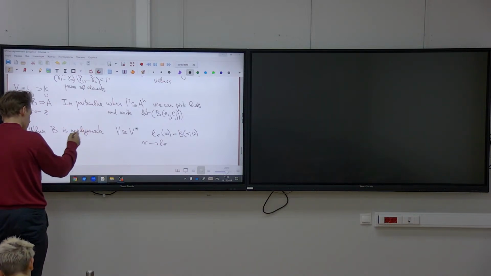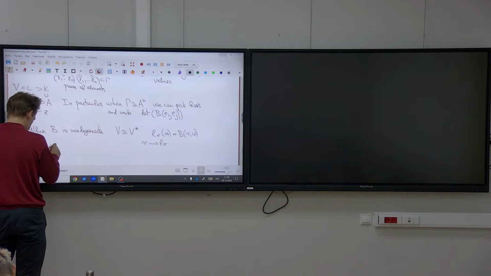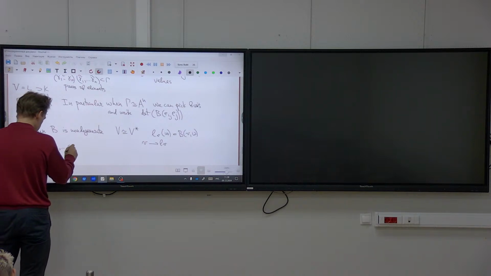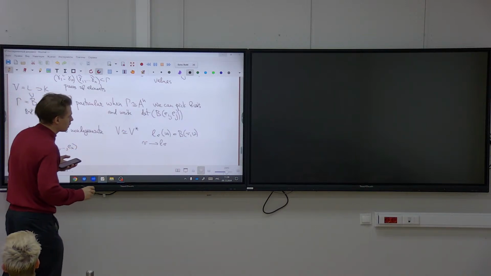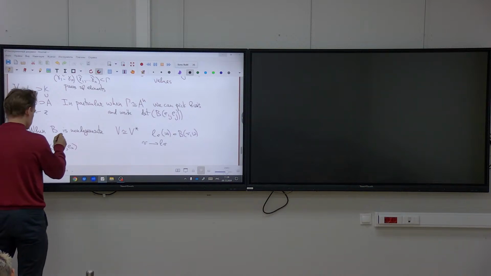And this allows us to speak of the case where gamma is a free lattice, with basis e_1, ..., e_n, and a non-degenerate bilinear form.